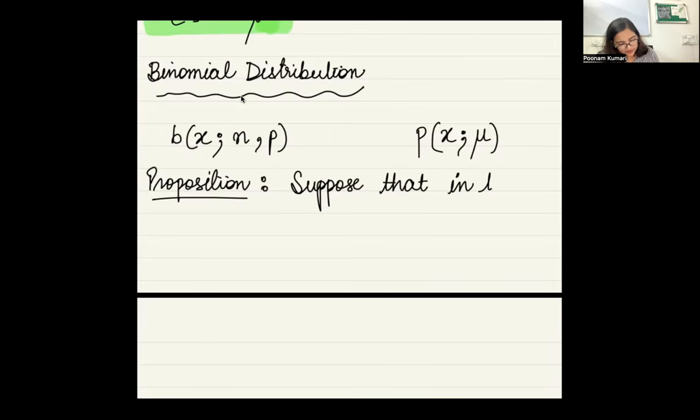In the binomial distribution, and also guys, this is away from the topic I'm supposed to tell you here, I would like to show you how all these distributions look. Whatever this proposition that I'm saying, that if n value is going very high, p value is going very low, this distribution will tend to Poisson. I would like to show you on a graph. There are very nice online statistical tools which let you play around with these n values and p values.